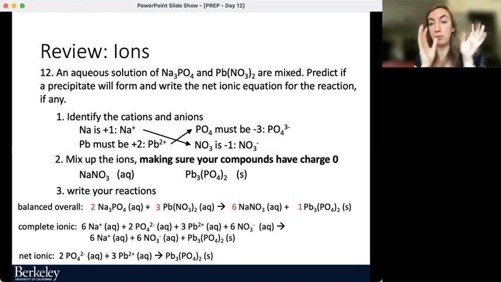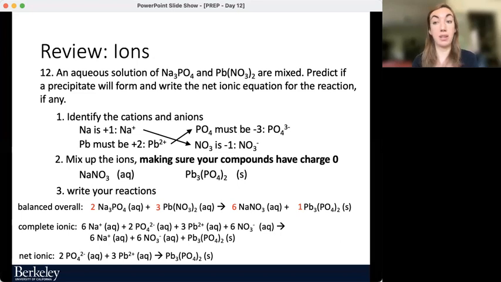So I have 2 things that each have 3 sodiums, and so that gets me 6 total sodium ions. And similarly on this side, NaNO3, there's 1 sodium in each, and I have 6 of them, so there's 6 total sodiums.